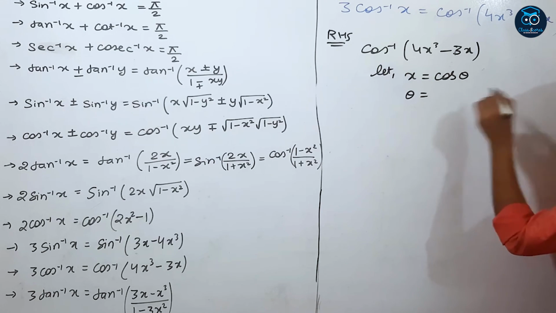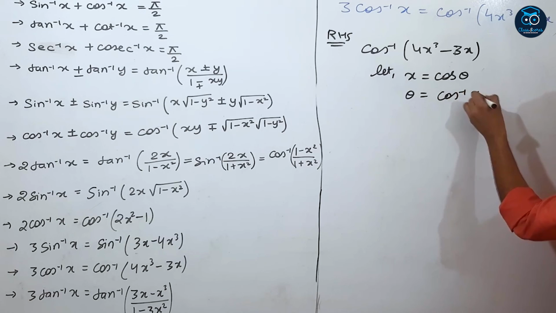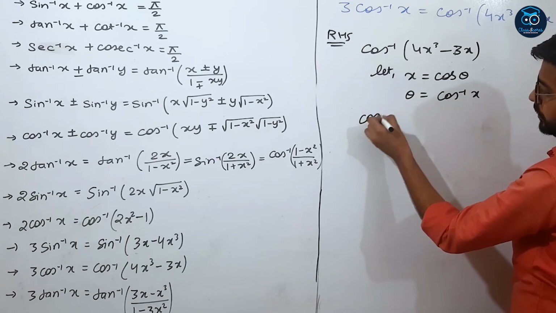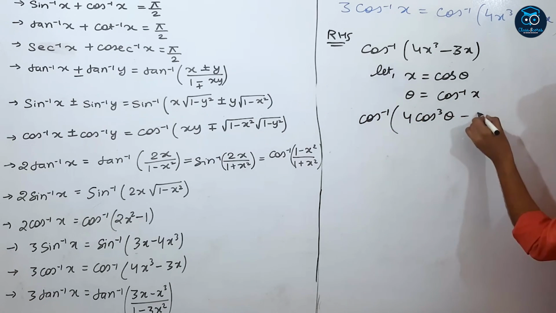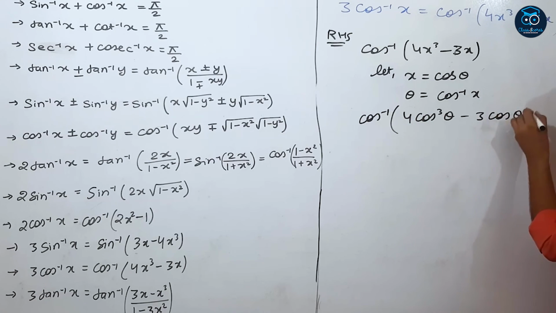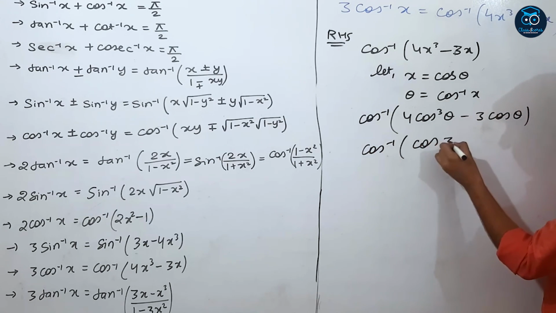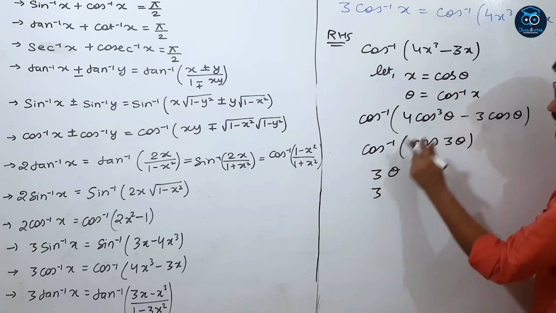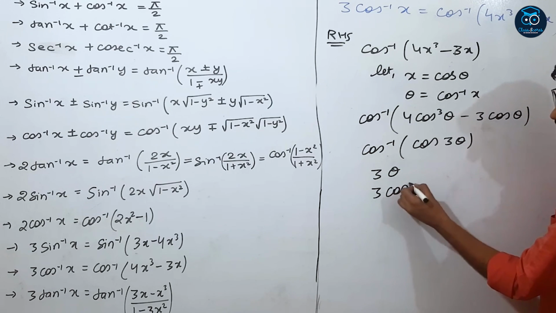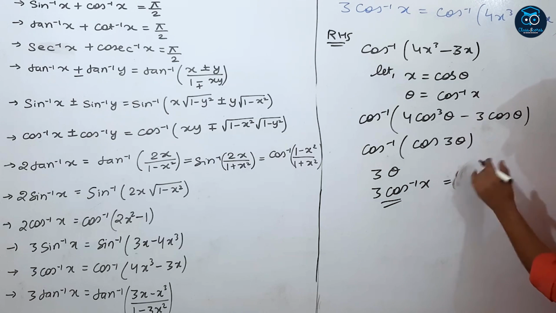Because of this we get the value of theta equals cos inverse x. Just substitute, it becomes 4 cos cube theta minus 3 cos theta. This is the identity for cos 3 theta. It will become self-adjusting, 3 theta, and the value of theta gives 3 cos inverse x. That is equal to the LHS part.